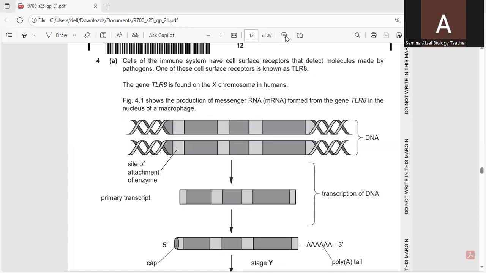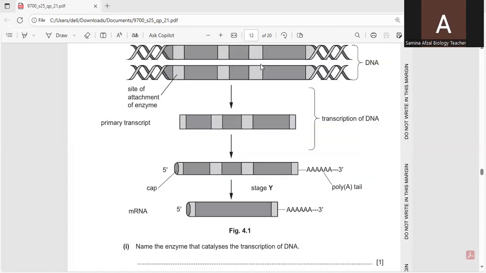As for example, on the 5' end a cap, a modified guanine nucleotide, is added, and on the 3' end polyadenylation, a chain of adenine nucleotides, has been added.